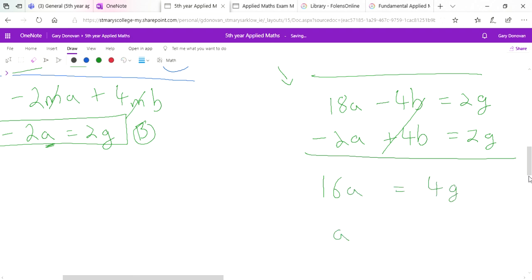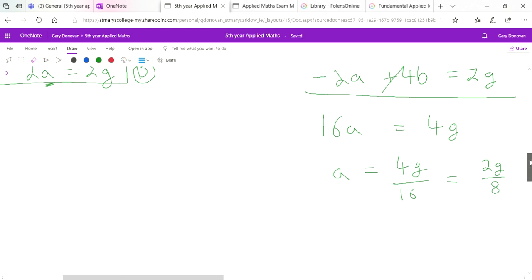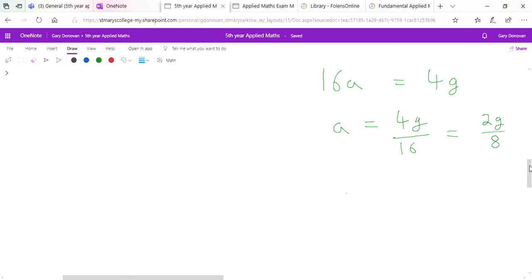So therefore a equals 4g over 16, which equals 2g over 8, which equals 1g over 4. So a equals g over 4, and a is measured in meters per second squared. So that's your answer for A.